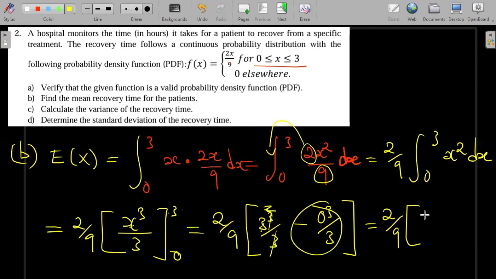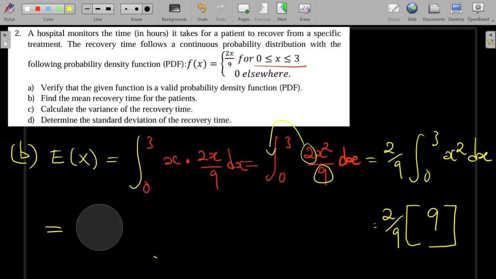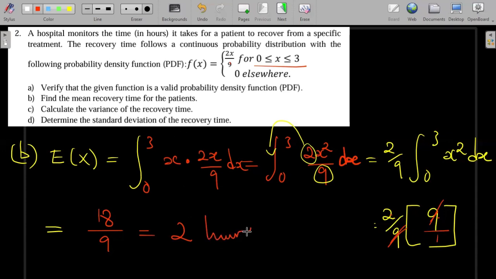So inside there, I'll just have 9. So our expected value will just be 2, because this 9 and this 9 will cancel. Remember, this 9 is over 1. If you don't want, you can say 2 multiplied by 9 is 18, divided by 9, which will just be 2. So the mean recovery time will just be 2 hours.